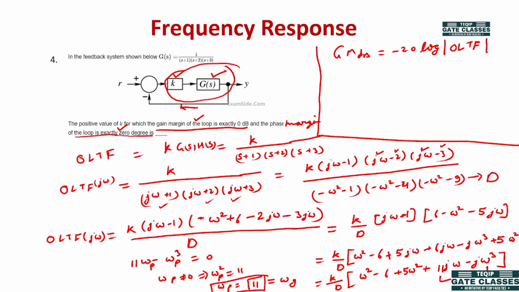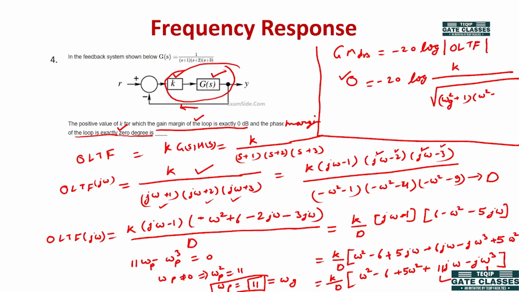Okay, so here gain margin is given as 0, so this becomes 0 is equal to minus 20 log, and the magnitude of this open loop transfer function is k upon under root omega square plus 1, that is omega g square, because we are considering gain margin, so this would be a gain crossover frequency.